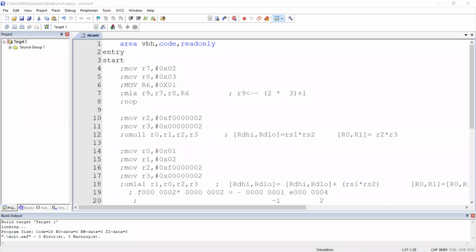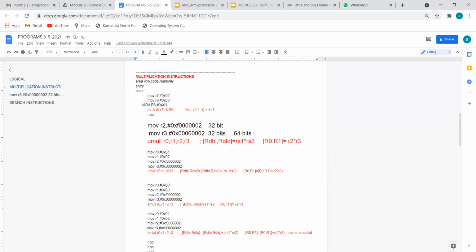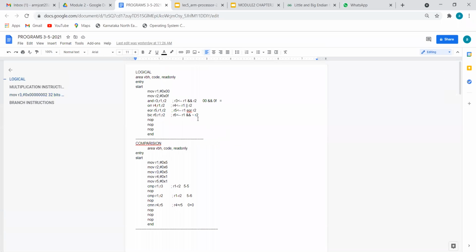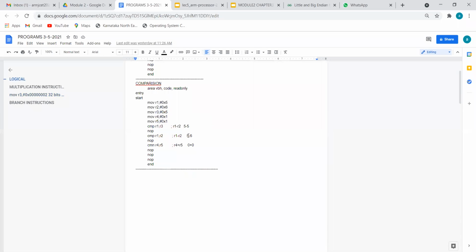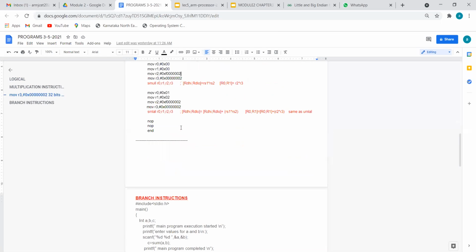Can you see now? Please do reply in the chat box here. Starting from logical, comparison, multiplication, these all programs I have stored. Yes, okay, hope you can see now. I have shared it now.